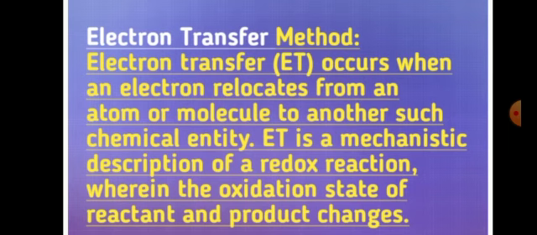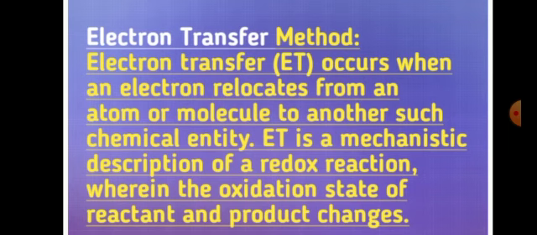You can just have a look at your class 9 science textbook so that you can understand this charge concept. So this is the electron transfer method, that is your ET method. Electron transfer simply means losing electrons, or donating electrons, or gaining electrons. So that is all about your electron transfer method.